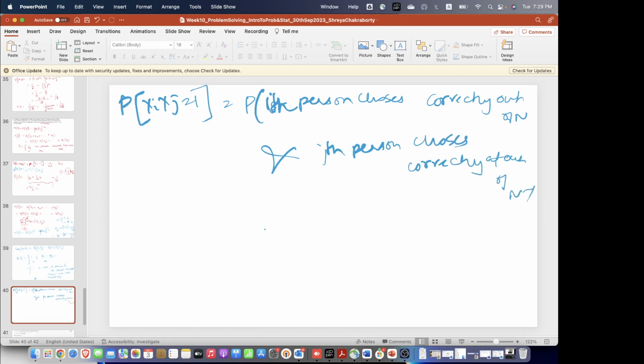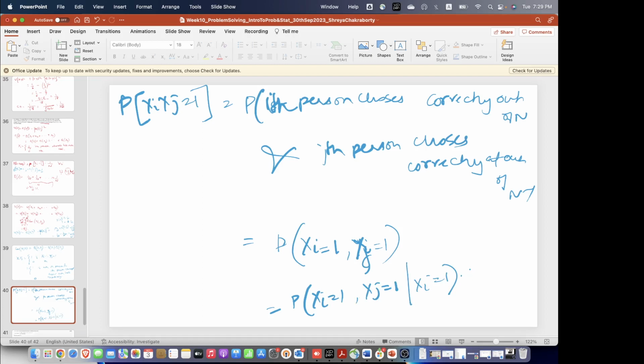Okay, so this is equal to probability xi equal to 1, yi equal to 1, yj equal to 1, xj equal to 1. This is probability xi equal to 1, xj equal to 1 given xi equal to 1, into probability of xi equal to 1.